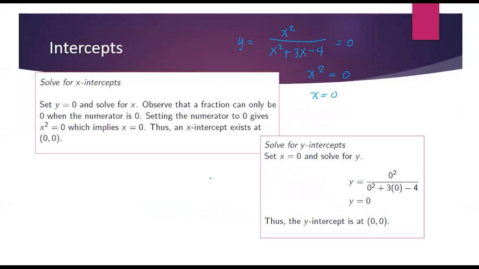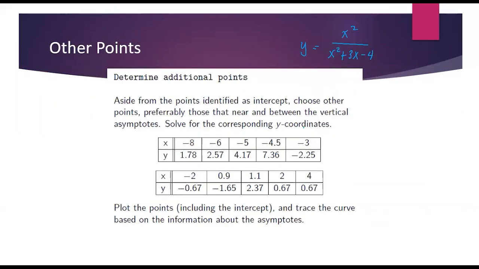Now, you have here x equal to negative 8, negative 6, and so on, and then substitute the values. Say for instance, I have negative 8. We have y equals negative 8 quantity squared over negative 8 squared plus 3 times negative 8 minus 4.